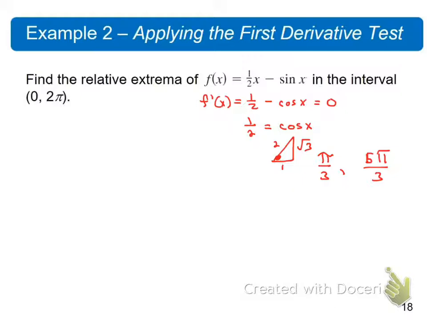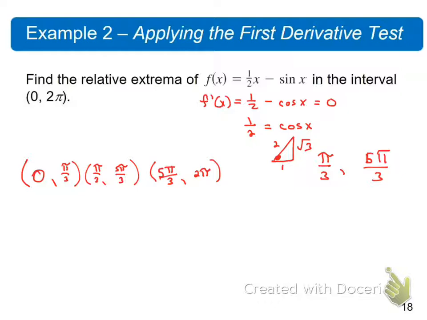Now, from here, let's set up that little interval. We're starting from 0 to pi over 3. Then we go from pi over 3 to our other critical number, 5 pi over 3. And then we have an interval from 5 pi over 3 to 2 pi.